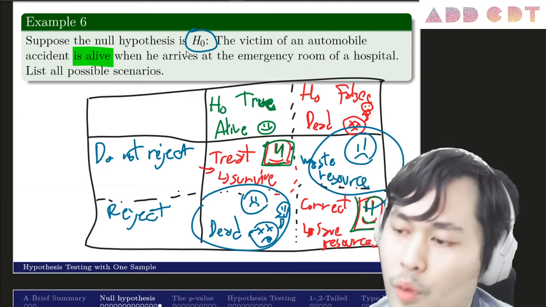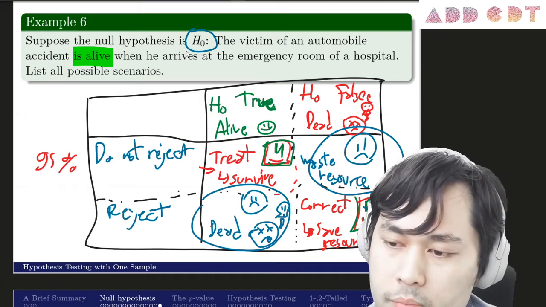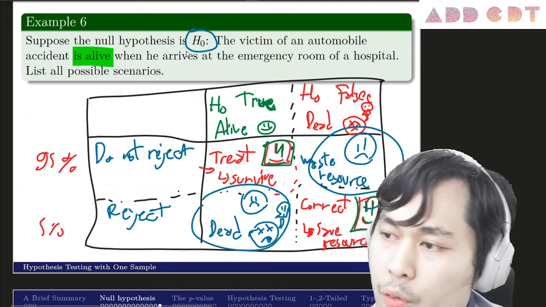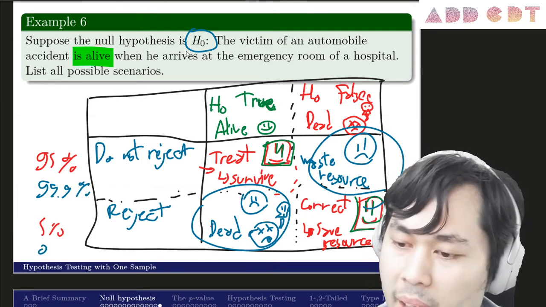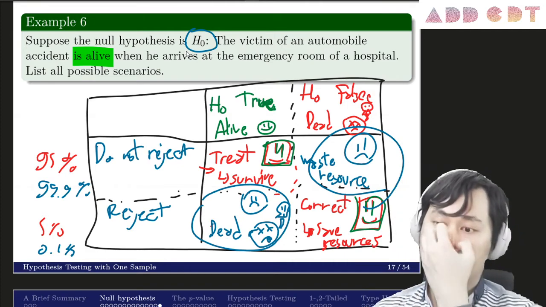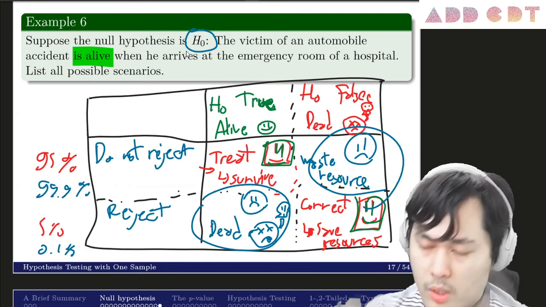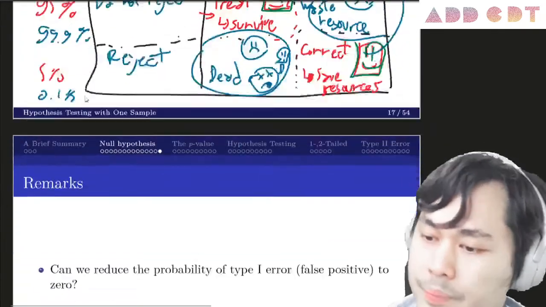Maybe we want to be 95% correct and 5% wrong, or maybe 99.9% correct, and there is a small chance that we could be wrong. So our goal is to juggle with these numbers and see what we can do.